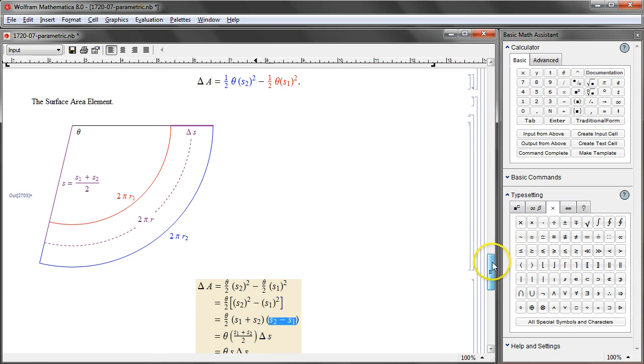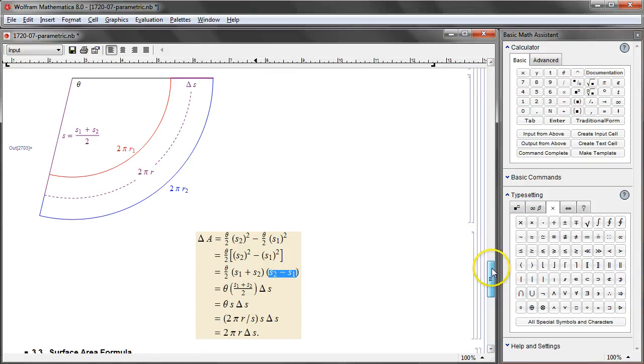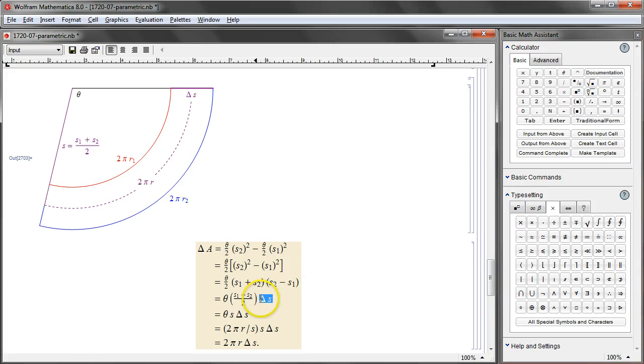That difference is significant because S2 minus S1, that is delta S we want. And how about this S1 plus S2? Well, let S be the average of S1 and S2. So S1 plus S2 over 2 will be replaced by just S, which is expressed in purple here.